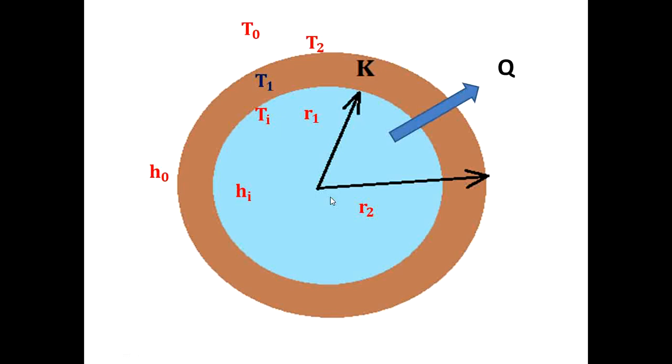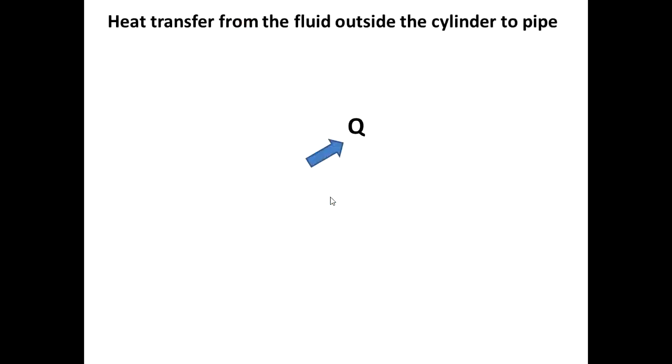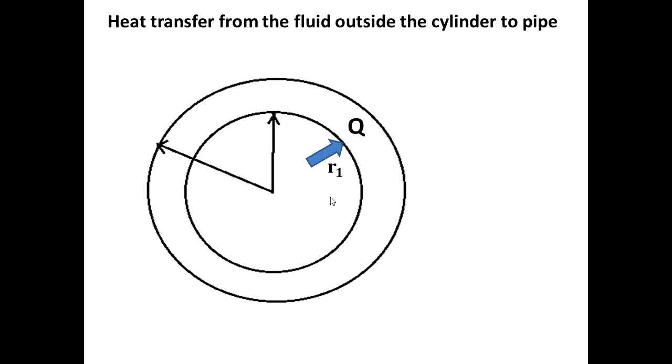Now we have to go for the heat transfer analysis. Note this sketch properly. This is a very important sketch. Heat transfer from the fluid to outside, from inside to outside. This is R1. You need not consider R2.